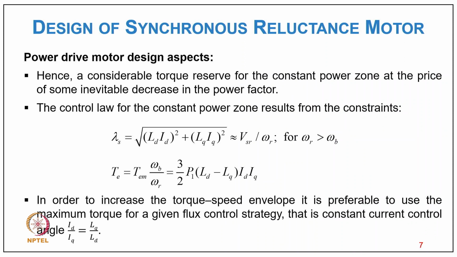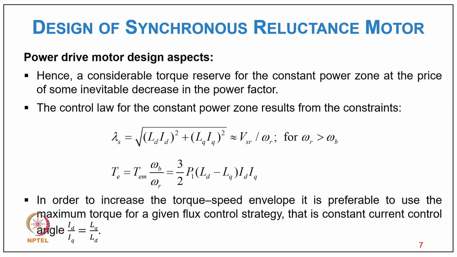Hence, there is a considerable torque reserve for the constant power zone at the price of some inevitable decrease in the power factor. The control law for the constant power zone results from the constraints lambda is under root of (LD ID square plus LQ IQ square), approximately equal to Vs upon omega r, for omega r greater than or equal to omega b, and T equal to Tm omega b upon omega r, that is 3 by 2 P1 (LD minus LQ) ID IQ.